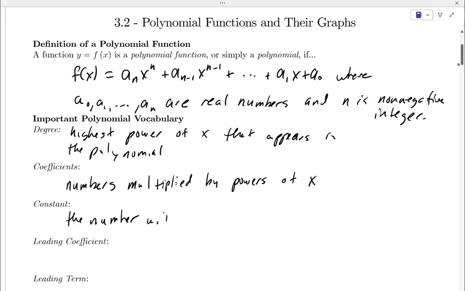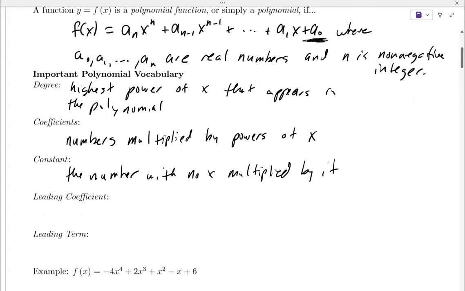It's the number with no x next to it. Or if you like this better, think of it as an x to the 0 power multiplied next to it. X to the 0 would be 1. So up here, where I wrote this a0 on the end would be your constant term. That has an important quality for the graph of the function, and we'll talk about what we mean by that in a little bit.